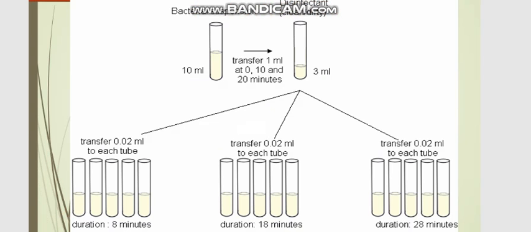Now, this is the procedure, like what we have to do. Firstly, we will take the bacterial suspension, like 10 ml. Then we will add 3 ml of disinfectant to it.